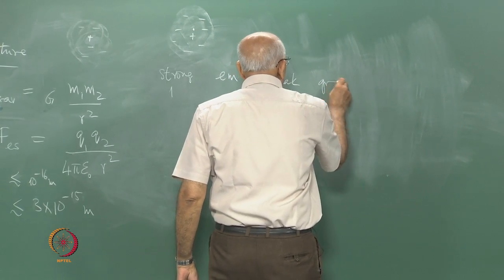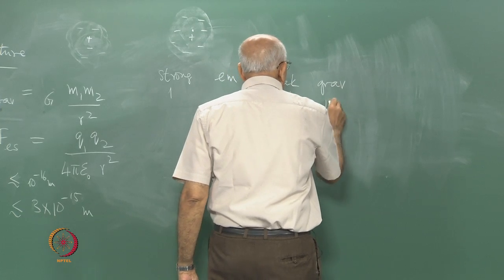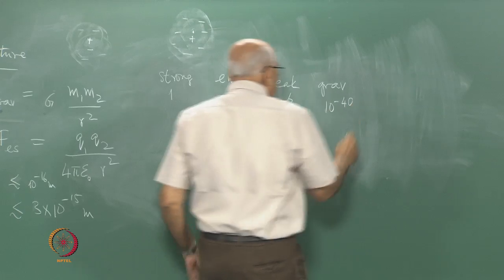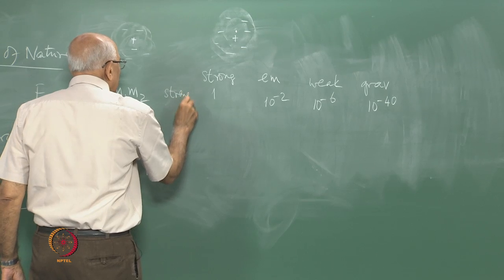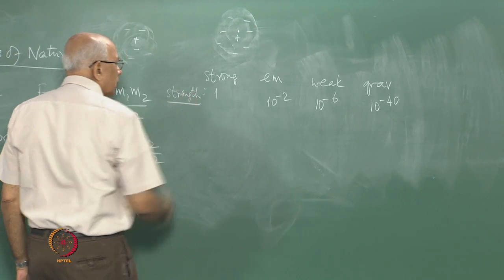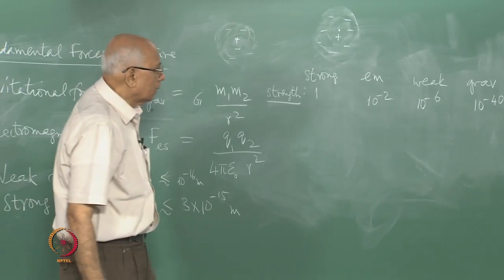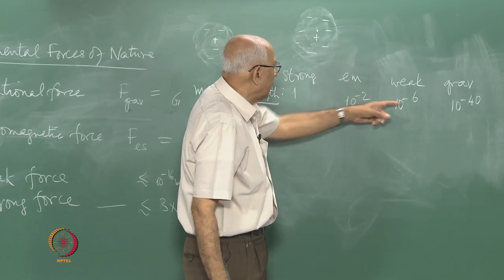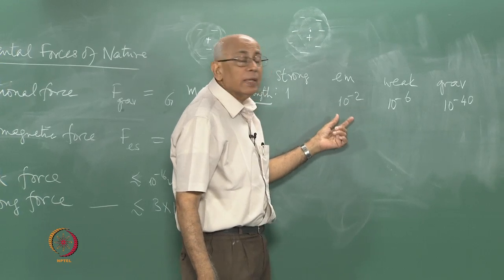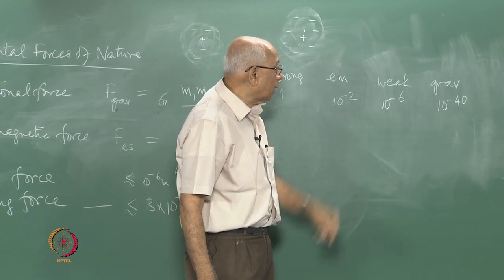And the gravitational force on the same scale has a strength of about 10 to the minus 40. These are very, very rough estimates. Which sort of explains the terminology also, why this is called weak compared to the strong, and why the electromagnetic force is rather strong compared to the weak.